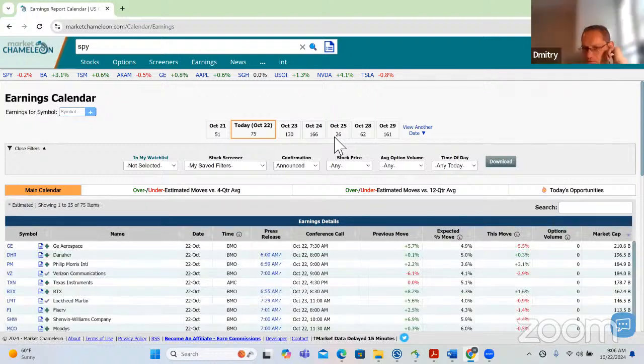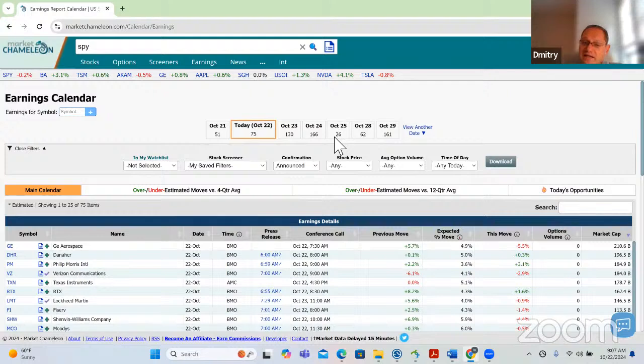Okay. So in the earnings calendar, the idea is really to keep track of companies that are reporting earnings and companies that are about to report earnings, with expected earnings releases.